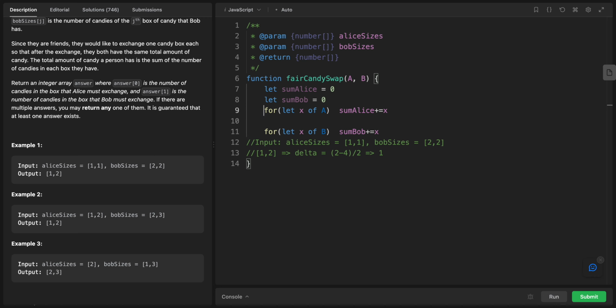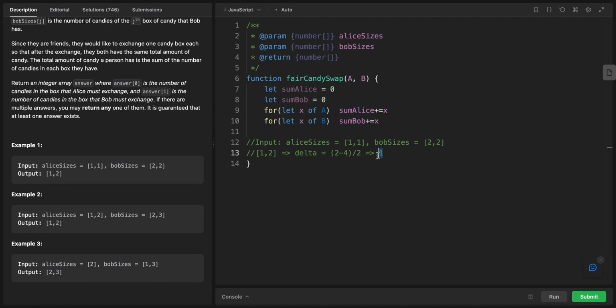Okay, let me clean this up. After getting the sums, we want to get the delta, the value that we expect: whenever Alice is giving, Alice expects to get this value plus the delta to make sure that both of us have the same value.